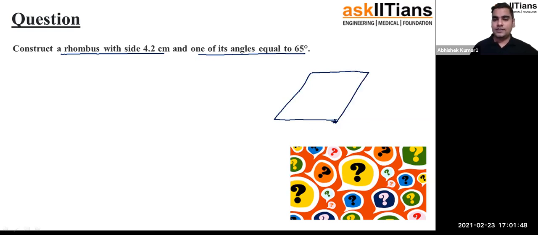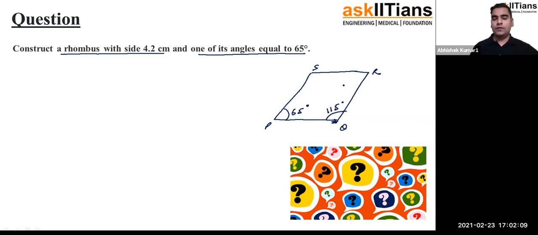Let's say this is the required rhombus PQRS. I'm assuming this angle to be 65 degrees. So this angle will be 180 minus 65 degrees, that is going to be 115 degrees, correct?